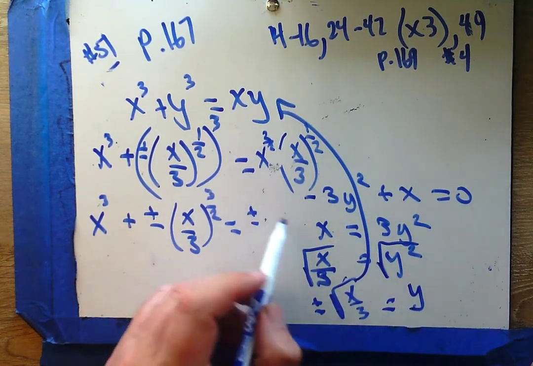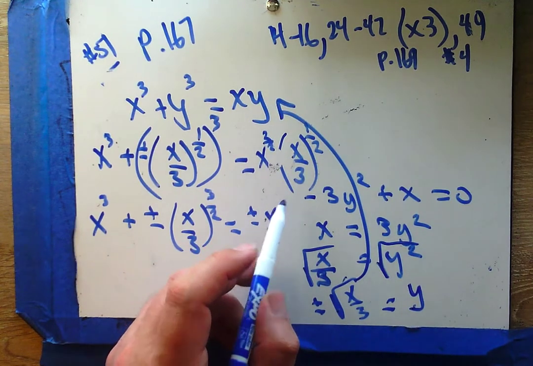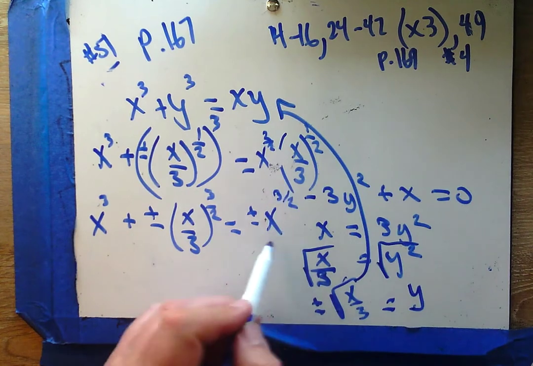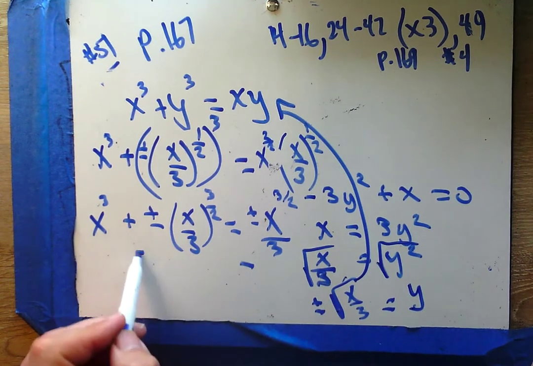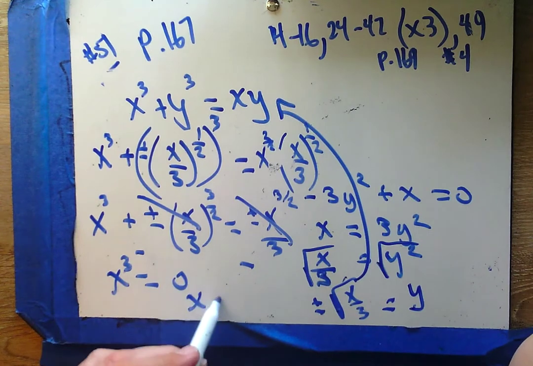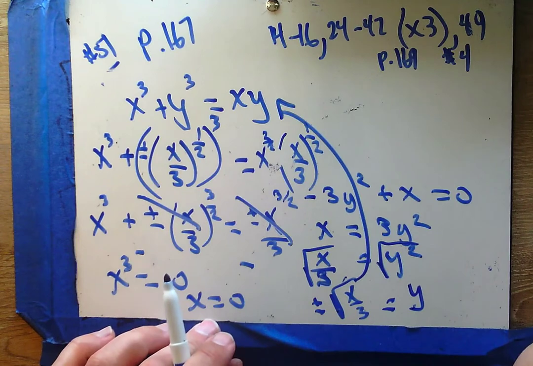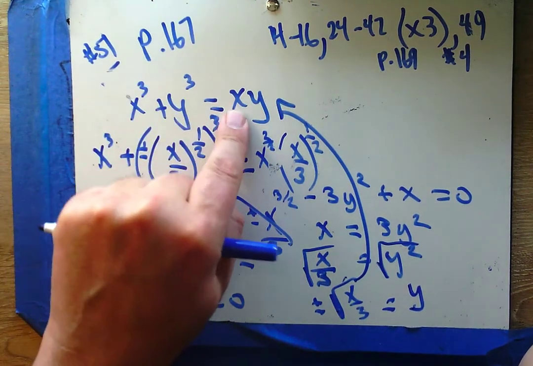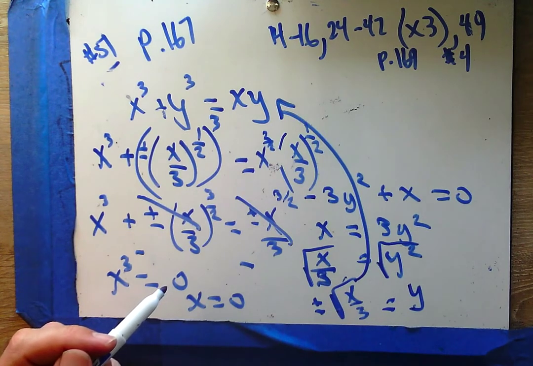Huh, so plus and minus x to the 3/2 over 3 also. Oh, and if I subtract that from both sides, I just get x to the third equals 0, or x equals 0. So when x equals 0, I'll put a 0 there and a 0 there, I get y equals 0. Oh, that's very interesting.